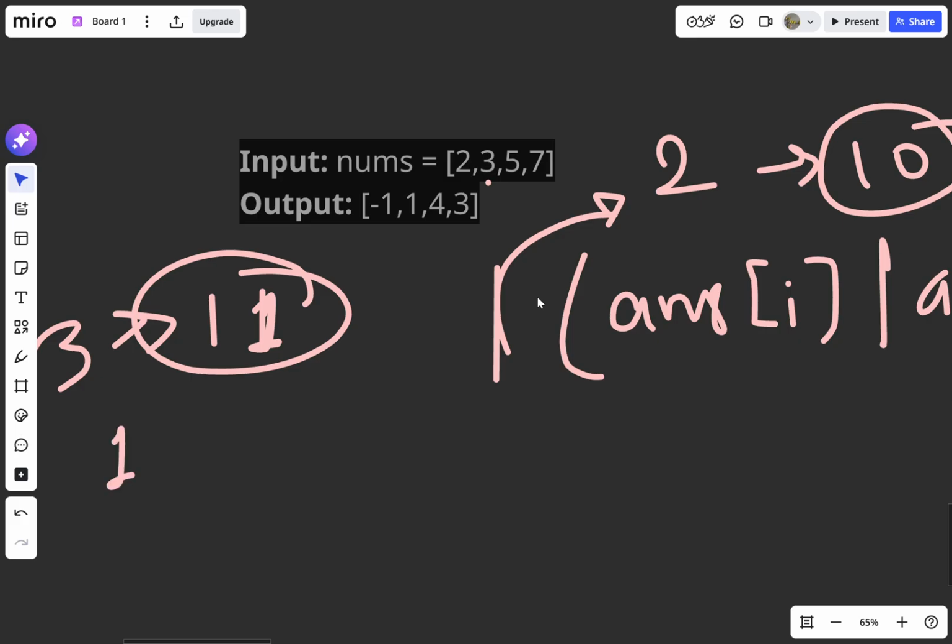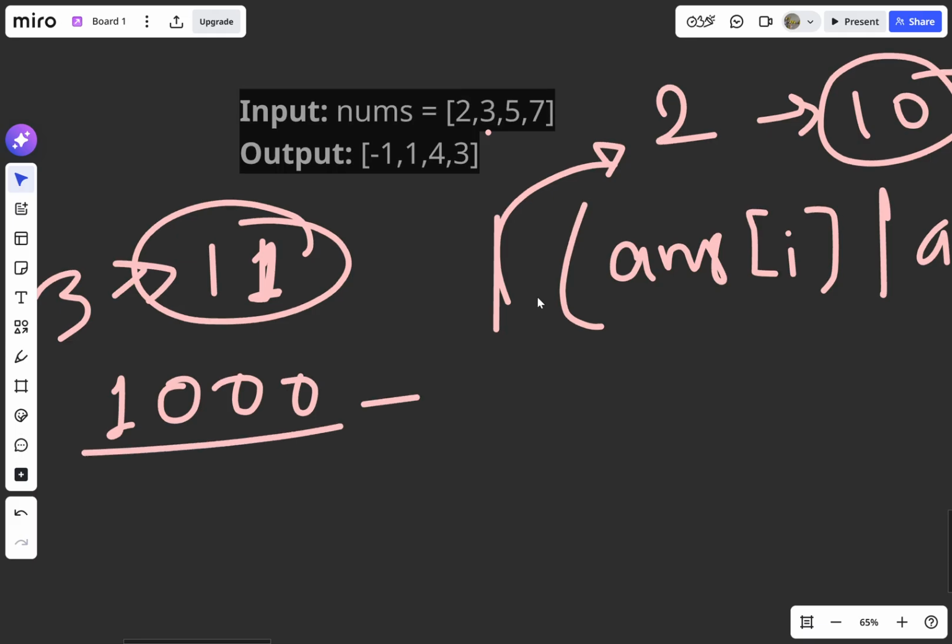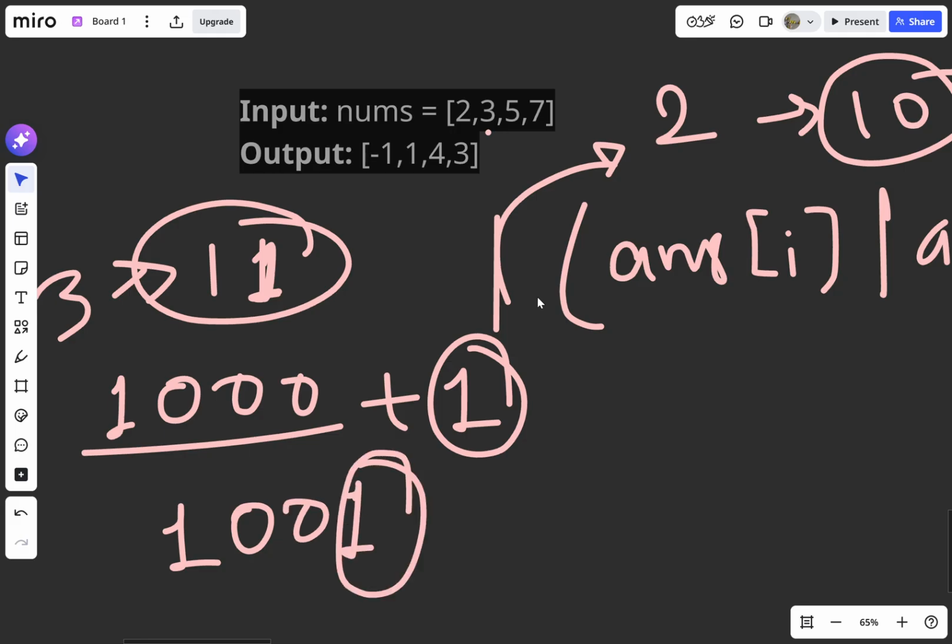Because when we add 1 to this number, the binary representation for 1 is also this 1 only, so adding 1 to this results in this 1. So all we have to play with is the least significant bit, only the least significant bit.